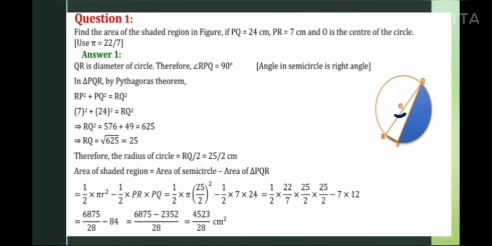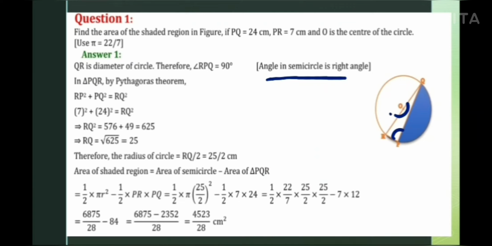Now you need to find the area of the shaded region. Look here. If you find the area of this semicircle and subtract the area of this triangle from it, you will get the area of this blue region. So the shaded region is equal to the area of the semicircle minus the area of triangle PQR.